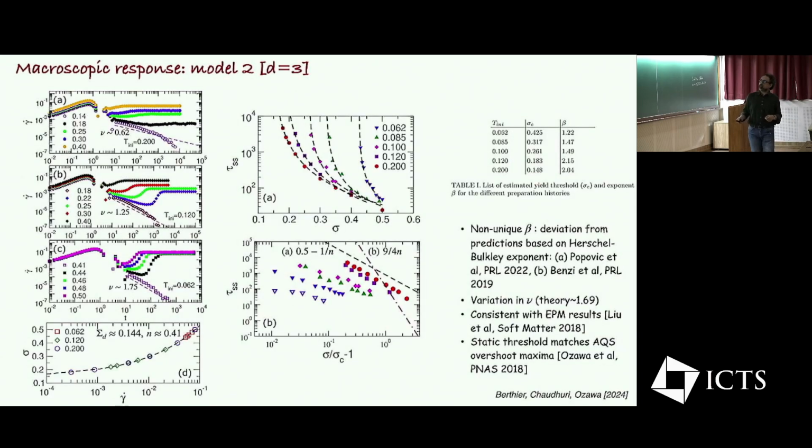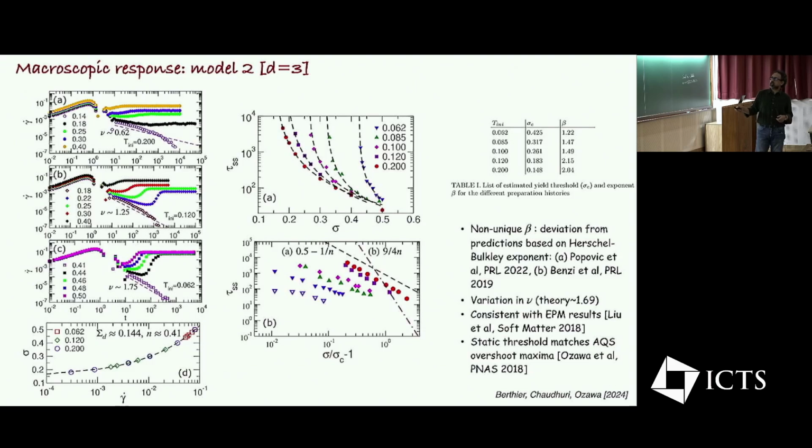So we have done this analysis for this soft sphere model, and there we have the time scale for fluidization as a function of stress, and we fit these functions with power laws. What one sees is that this exponent depends quite a lot on the preparation history, which is not predicted by these two theoretical models.